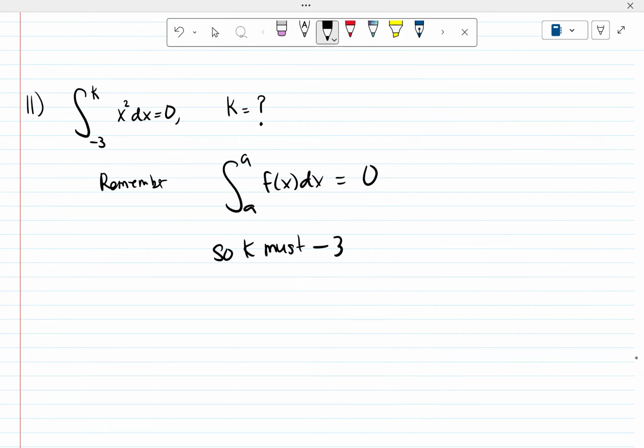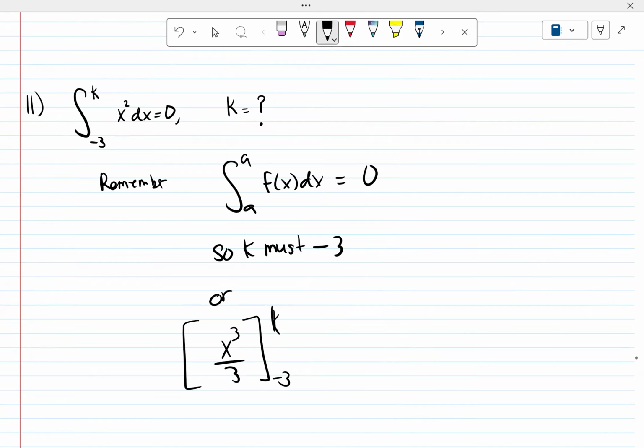Or you could do this. You can say, what's the integral of x squared? It is x cubed over 3 from -3 to k. So I just took the integral of x squared.